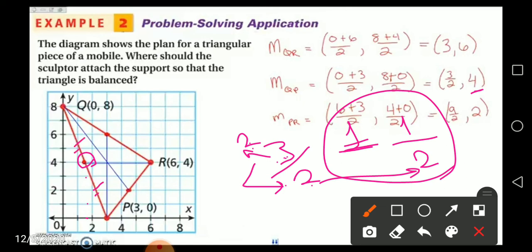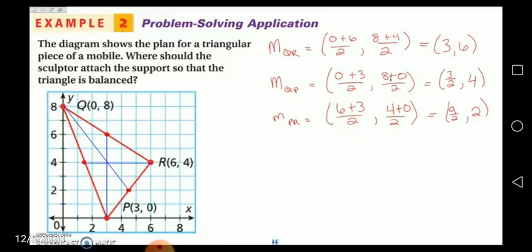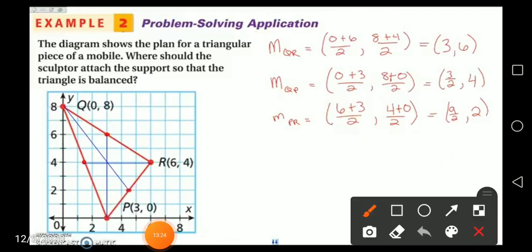And after that I have the third one, PR, this segment or side. So I will also take 6 plus 3, the x coordinates, all over 2, then 4 plus 0 all over 2. So 9 over 2. How can I solve it?